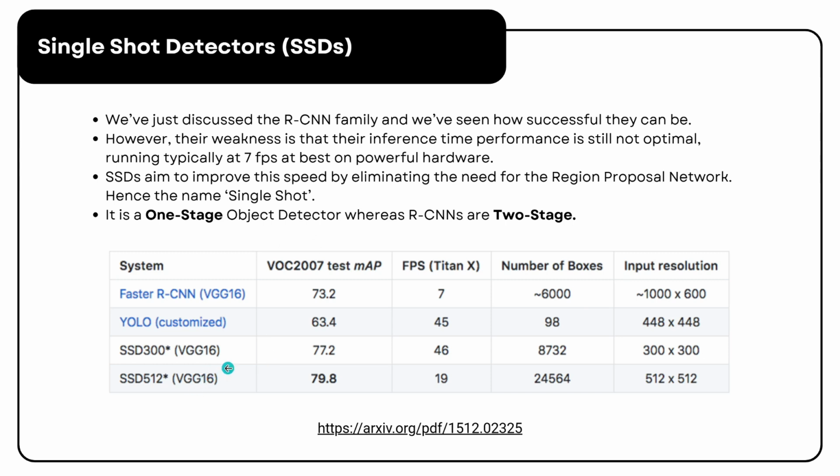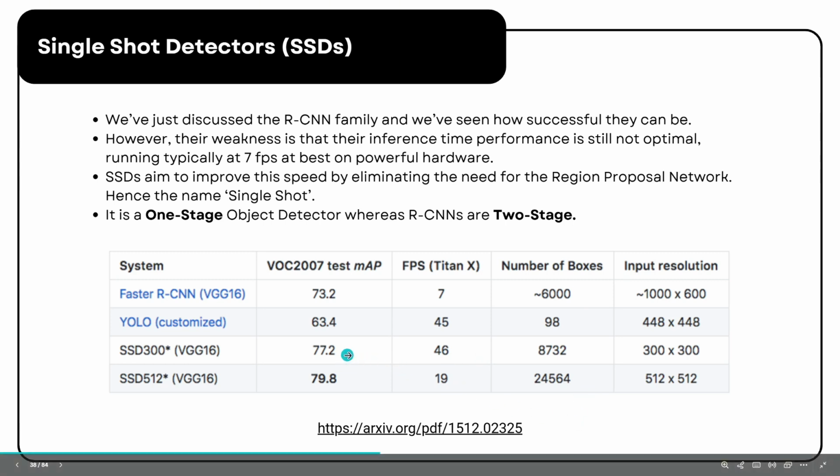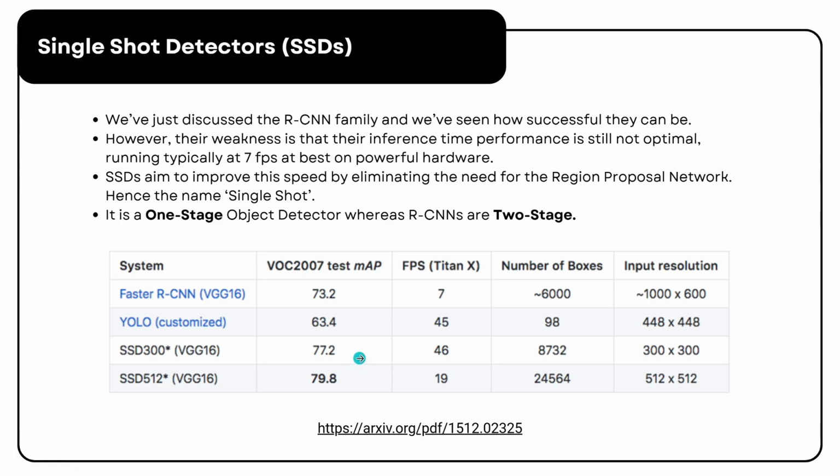For example, what we have here is SSD 300. It runs at 46 frames per second, making it viable for real-time applications while still achieving a higher mean average precision, or mAP. And we have SSD 512, which is using VGG16 in this case.